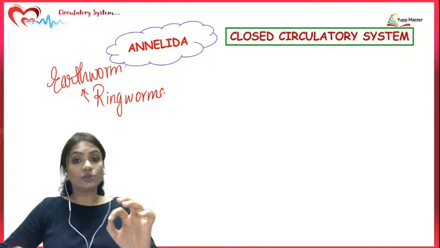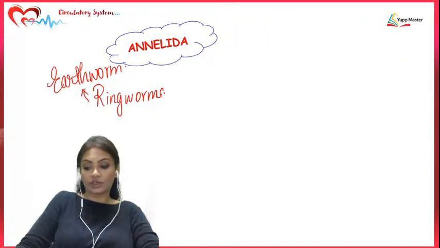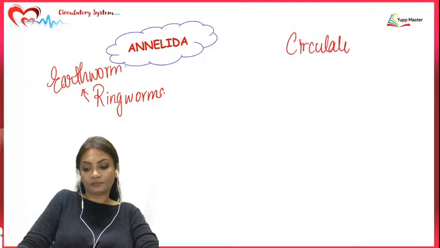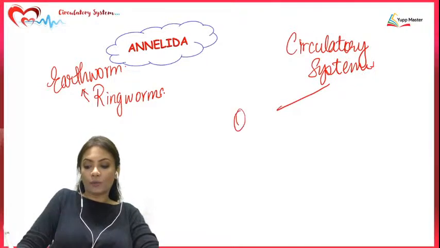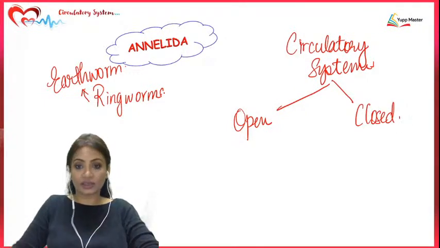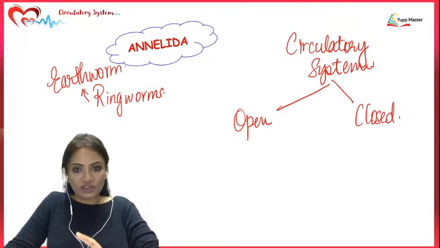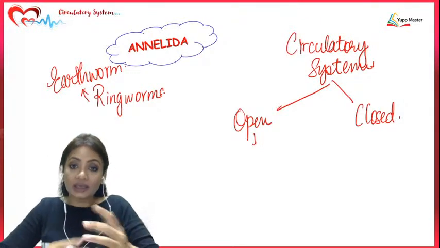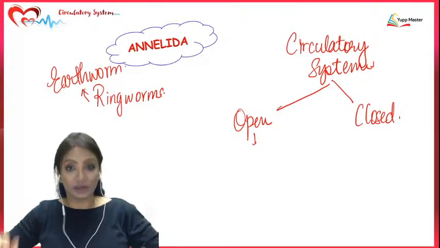Well, we had two types of circulatory systems. When we talk about the circulatory systems, there were two types. Either it could be an open one or it may be a closed one. The open one was where the circulating fluid was spread amongst the whole body cavity.